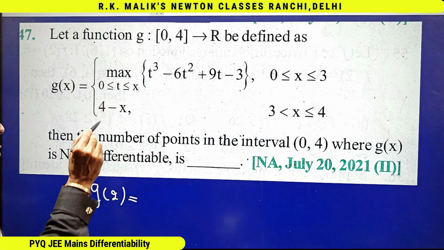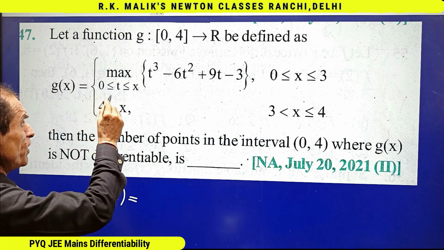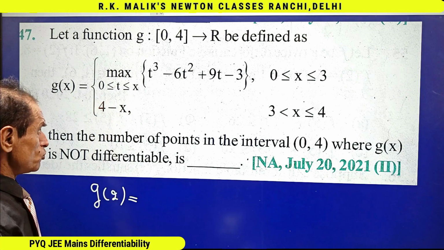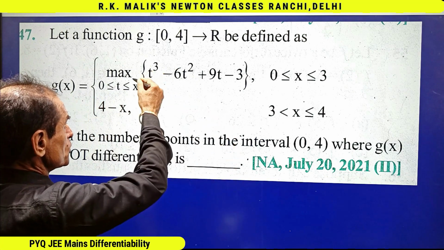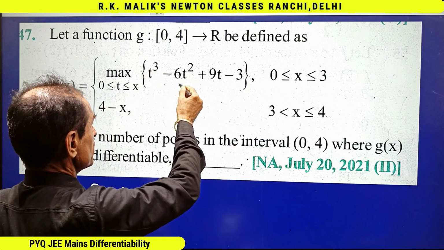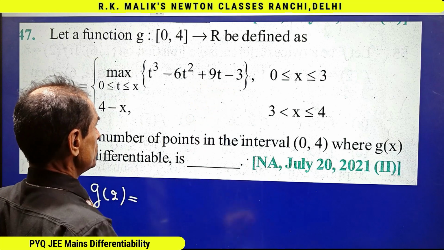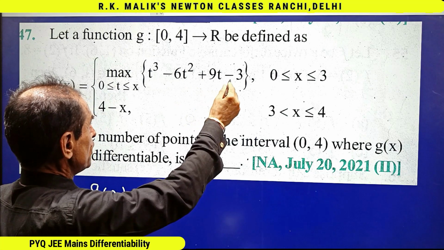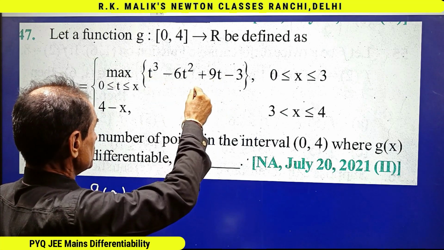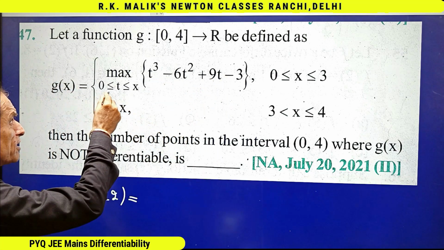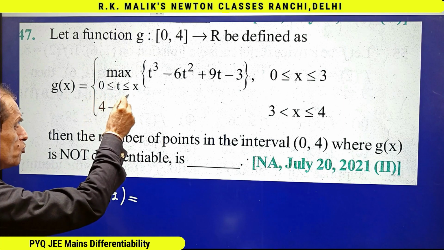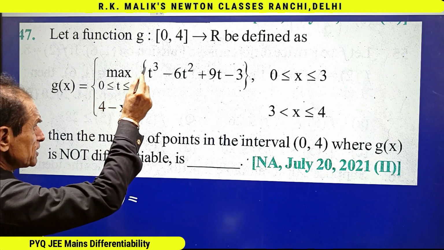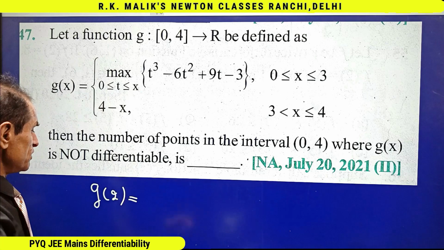Then I will make t vary from 0 to 2, and I will find all possible values of t cube minus 6t square plus 9t minus 3. And out of all possible values of this expression, after making t vary from 0 to 2, the maximum answer will be the value of g(x).